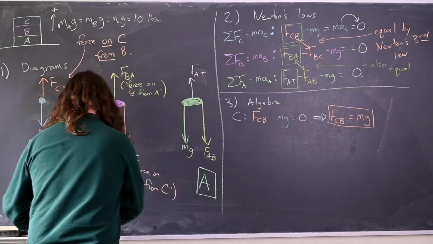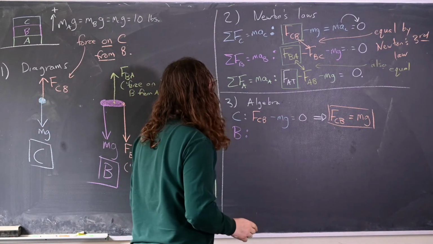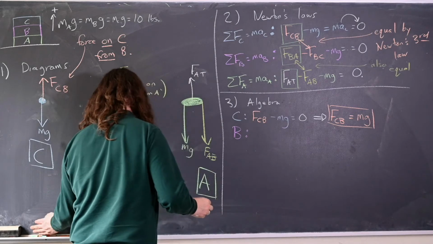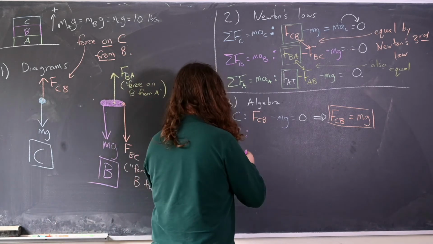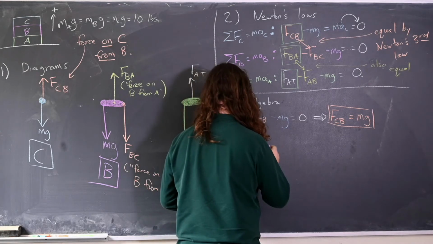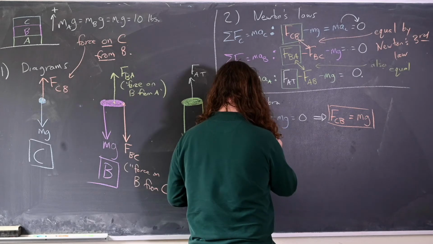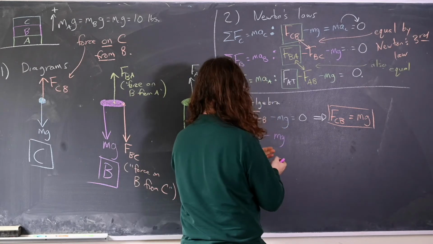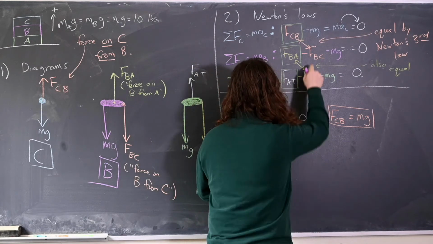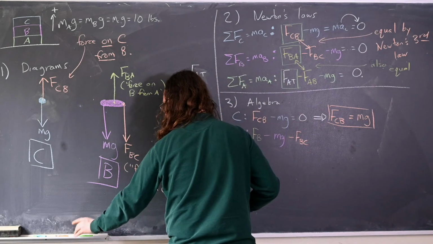Now, my second equation for B, let's see, what do I have? I have FBA. I'm going to change the order of terms here. You'll see why in a minute. Minus FBC equals 0.